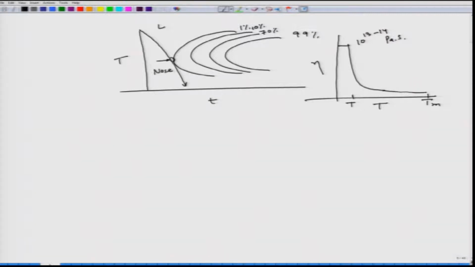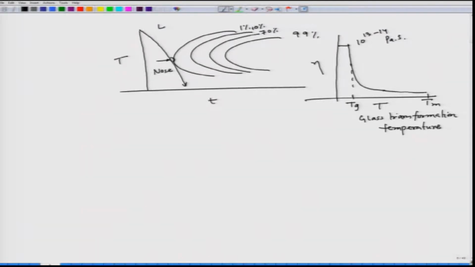And this temperature we call Tg, or glass transformation temperature.